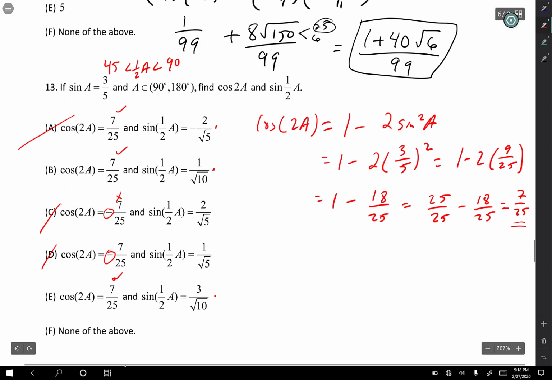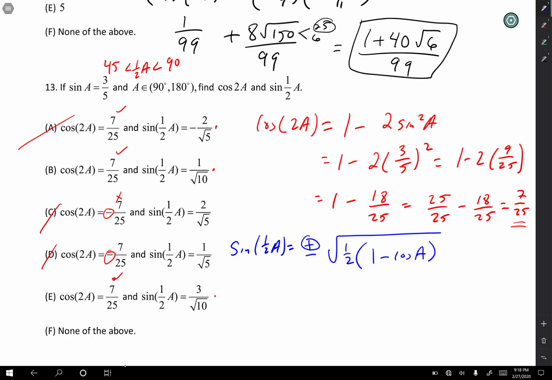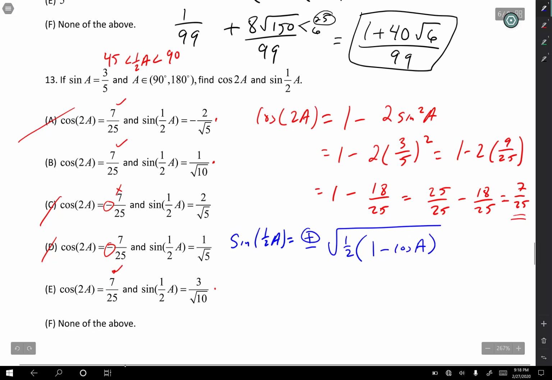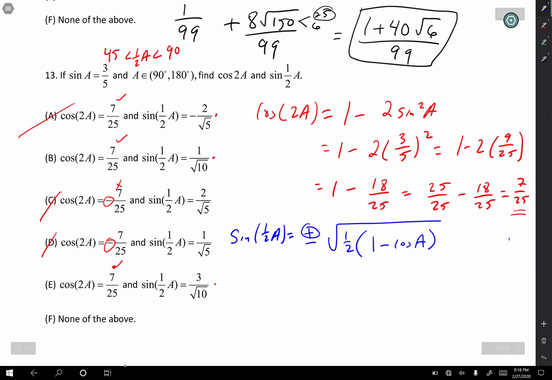I'm going to put it in blue, guys. So sine of half A is equal to plus or minus, we already know it's a positive one, square root of 1/2, 1 minus cosine A. So I need cosine A. I know that sine A is 3/5. So I'm going to do it here in the little corner.